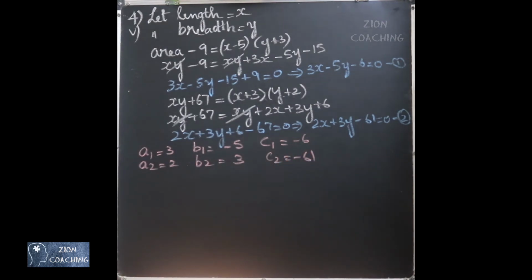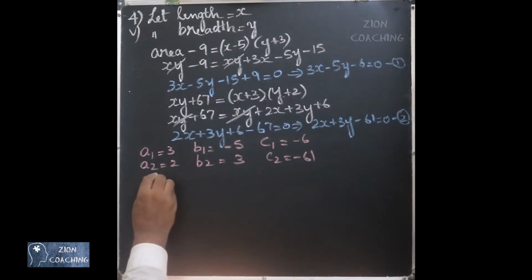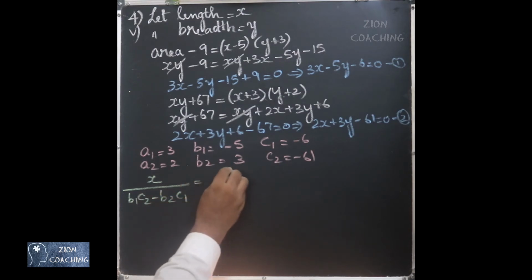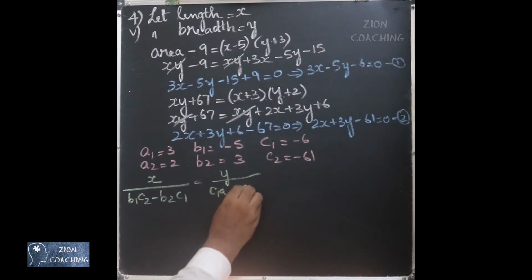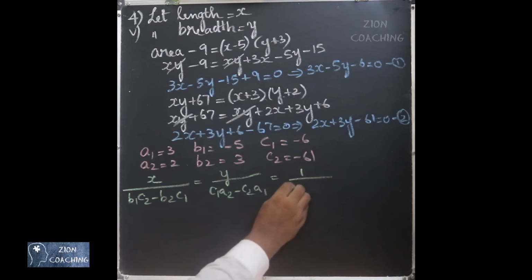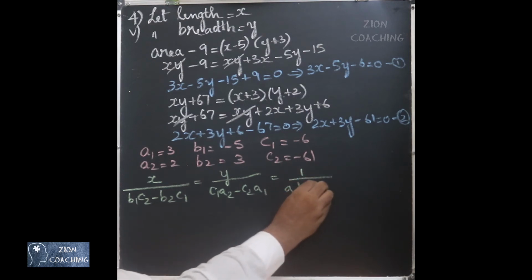We are going to solve using the cross multiplication method. We have x by b1 c2 minus b2 c1 equal to y by c1 a2 minus c2 a1 equal to 1 by a1 b2 minus a2 b1.